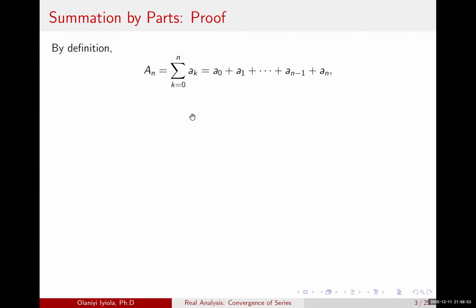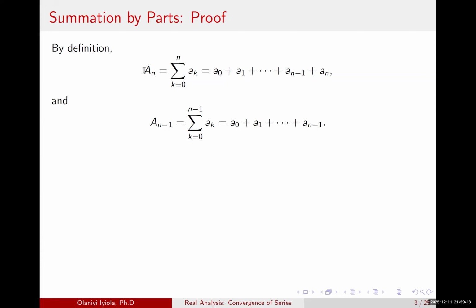By definition, we are given that the partial sum, capital A_n, is given like this, so I can write it out explicitly to be a_0 plus a_1 plus all the way to a_{n-1} plus a_n. And of course, I can also write A_{n-1} in this way: a_0 plus a_1 plus all the way to a_{n-1}.